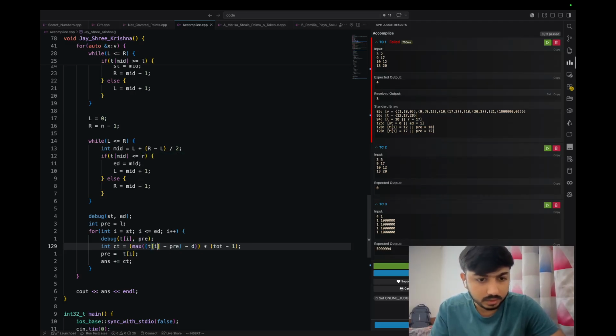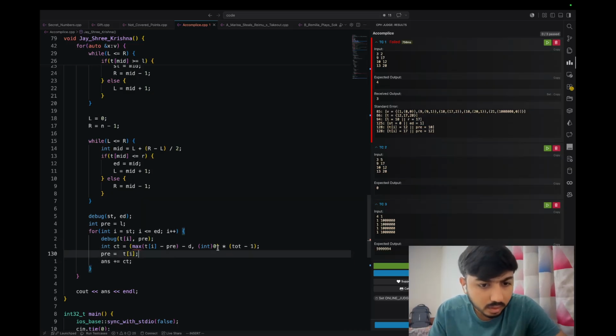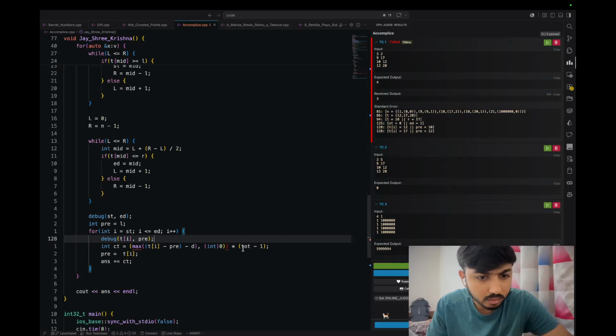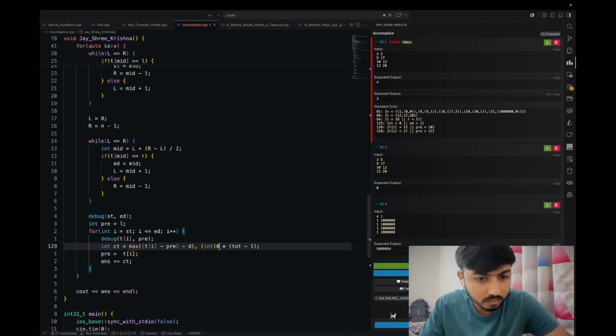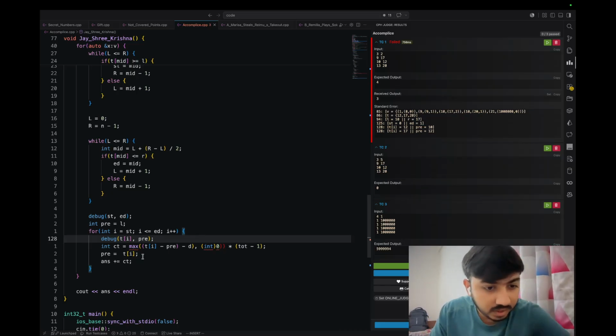Max of this comma 0, this value. Wait a minute, I am confusing myself with brackets.